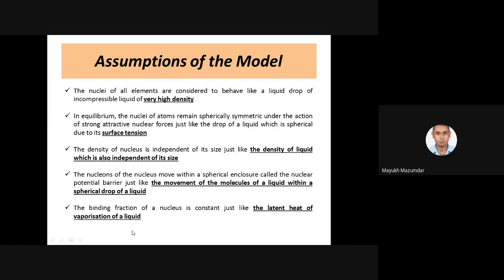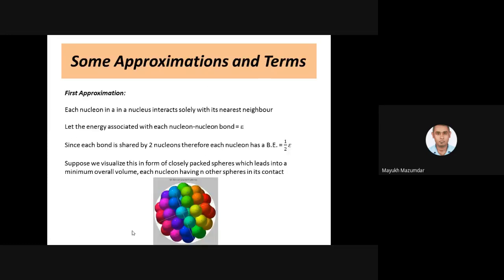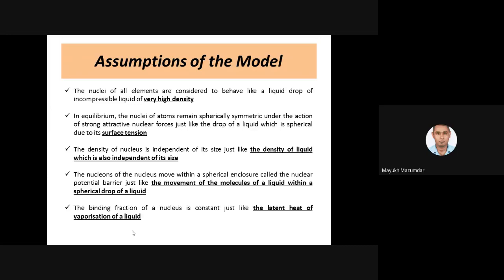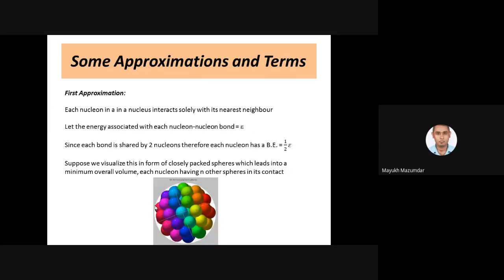So these were the assumptions made in the nuclear liquid drop model. Now the model has to be built on these assumptions. At the end, we want an expression for binding energy. One by one, we will make some approximations and get some terms of the binding energy.